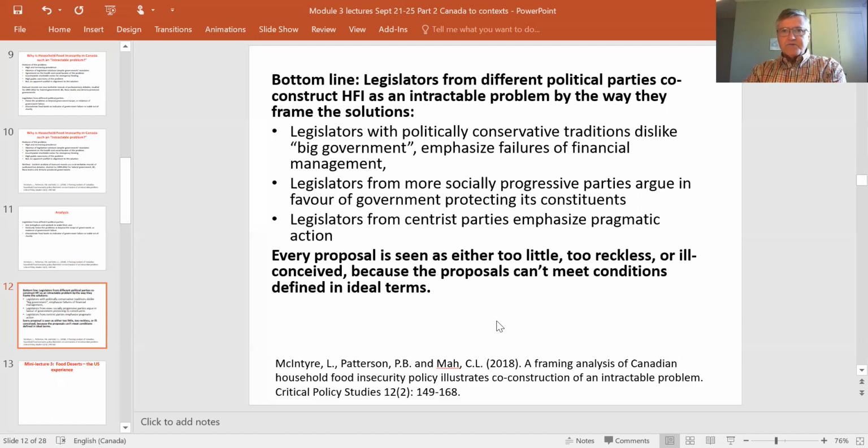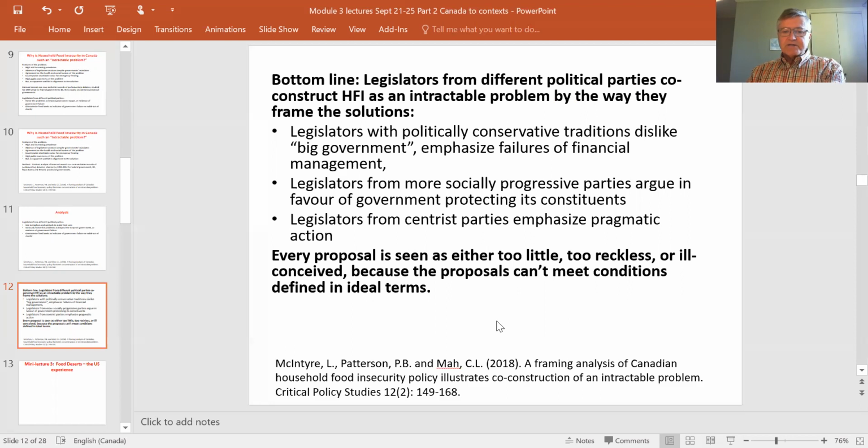In a sense, all three of these approaches and political parties are responsible. The legislators from the conservative traditions, like the Conservative Party, tend to dislike big government and emphasize failure of financial management. So they would blame the problem on lower levels of government or their predecessors at the federal level, if they're in power, saying this is evidence of you not doing a good job.